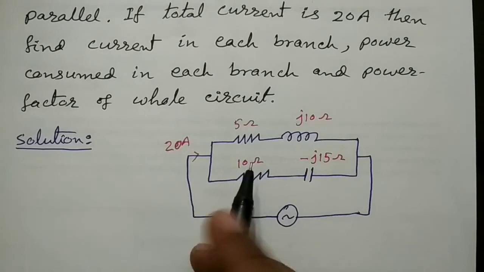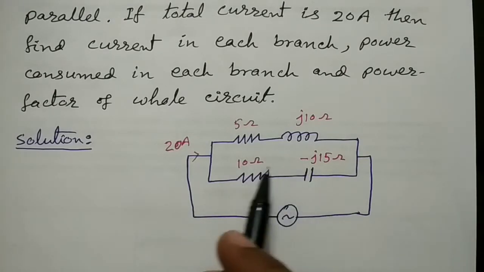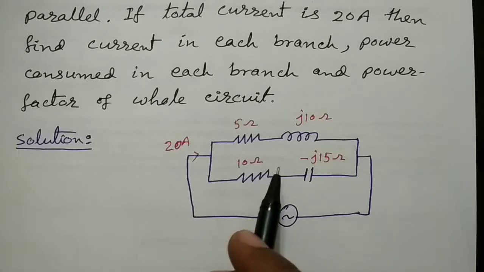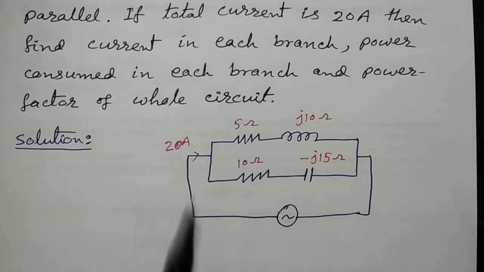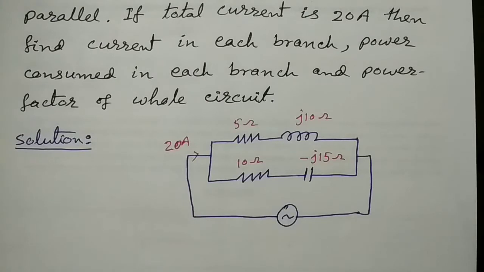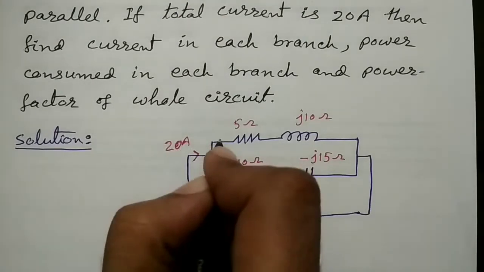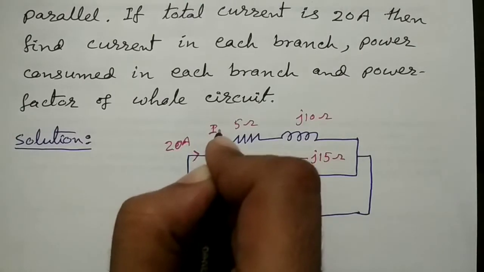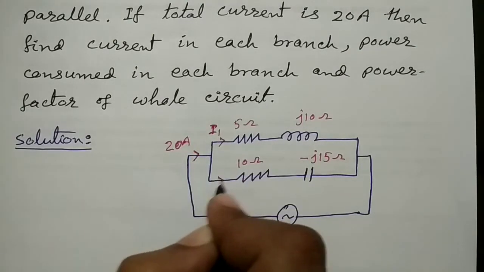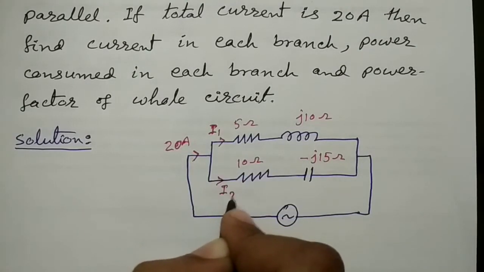So you have to find the current in individual branch, and we have to find the power and power factor of the whole circuit. Here we can see that the total current is 20 ampere and this current is divided into two branches, two parallel paths. It can be considered as I1 and I2.